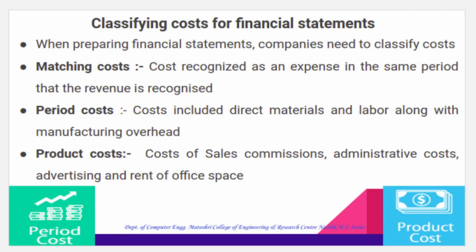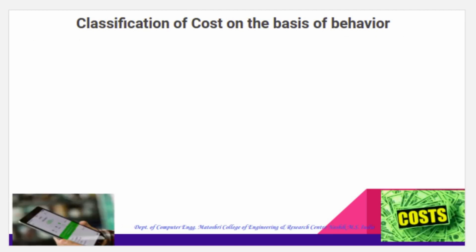Next we will see cost on the basis of behavior. The behavior of cost is seen with respect to the change in volume. On this basis, costs are classified into fixed cost, variable cost, and semi-variable cost.